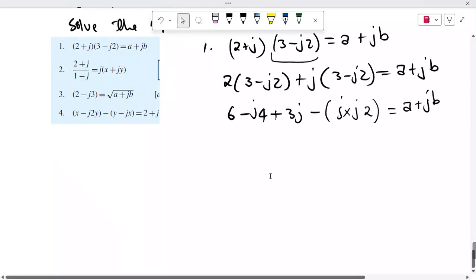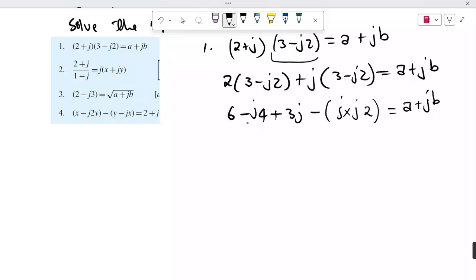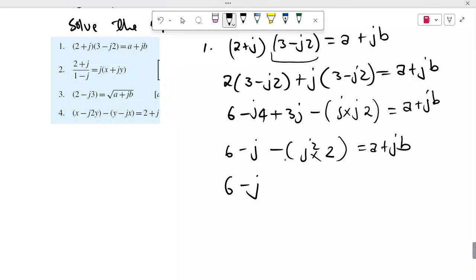So we can easily solve this. 6, then negative 4j plus 3j is just negative j. Then minus 2j squared. Here j squared is negative 1.